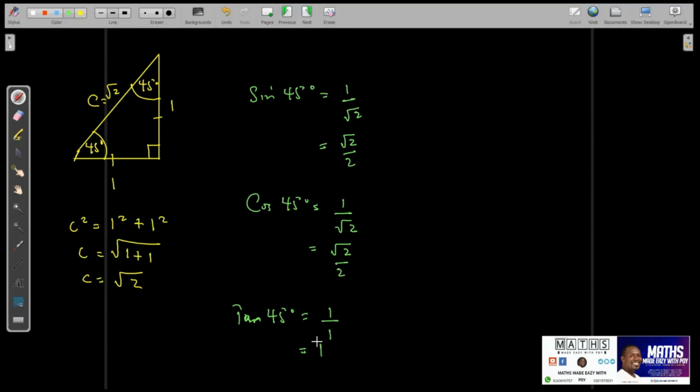Are we okay, so that I move on to the next? I'm going to add more, so please follow me carefully. But if you have any question, kindly ask before I move forward. Because now I'm done with the trig ratio for the special angles. What I'm going to consider right now is trigonometric ratio for general angles.